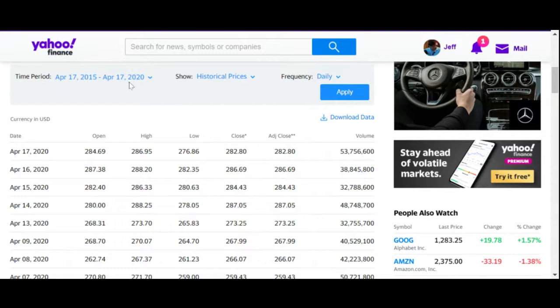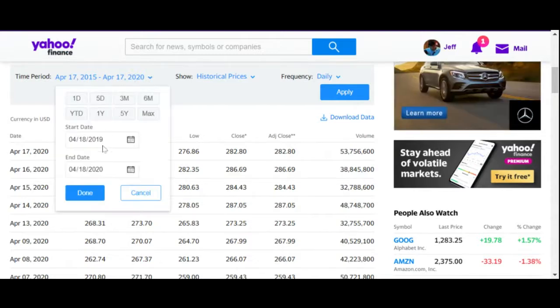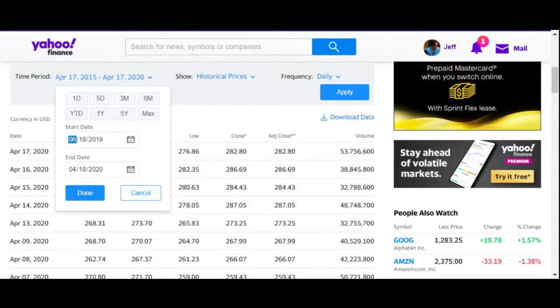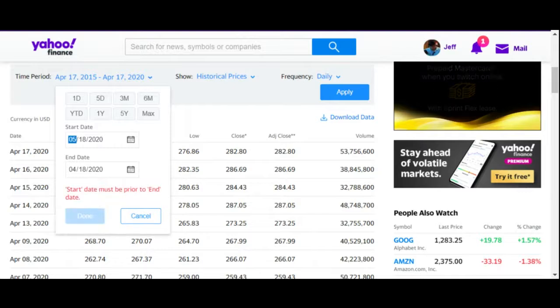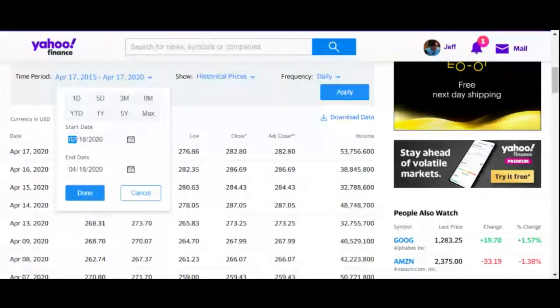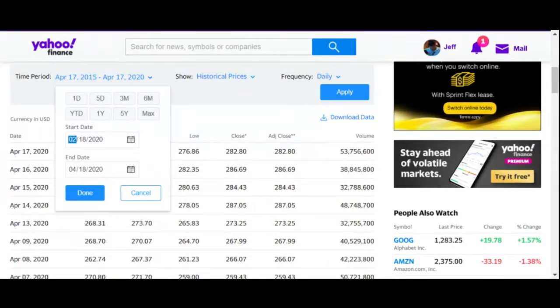I think I better do this, we will need one more data point. So we're going to go to, oh no, 5 years back, like 2015.